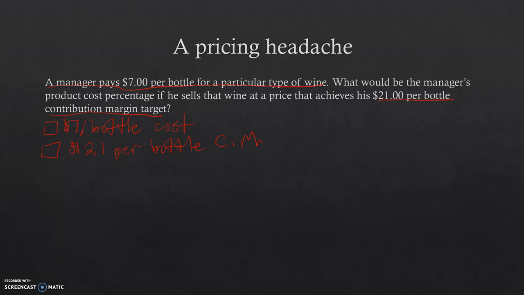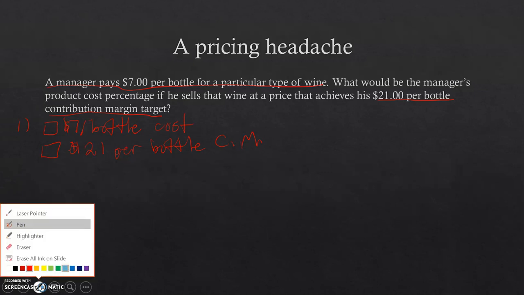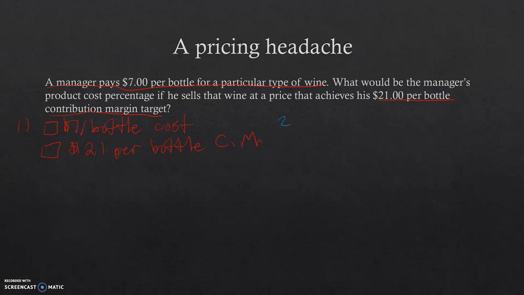I'll just put CM for that. So those are two pieces of given information. And our question is, what is product cost percentage? So now after we go through that, we get our strategy.